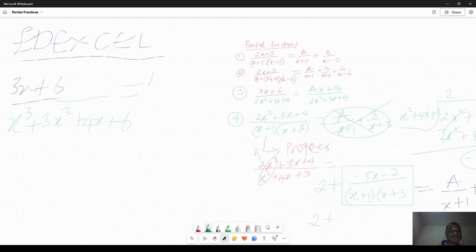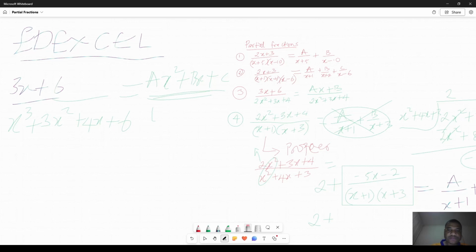This will be a over x plus, then bx plus c over x squared, whatever you have there. Okay, then you can compare. So that is one way we can solve whatever we have in partial fractions.